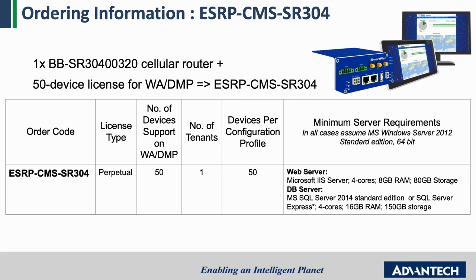It must have SQL Server Express as a bare minimum. Now, I put an asterisk in there because if you intend to scale this license, then please use Microsoft SQL Server Full Edition, not just the SQL Server Express. SQL Server Express is perfectly fine for evaluation purposes, so please don't let that be a barrier. Get going immediately with SQL Server Express.